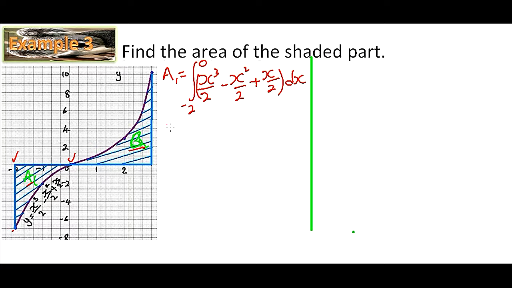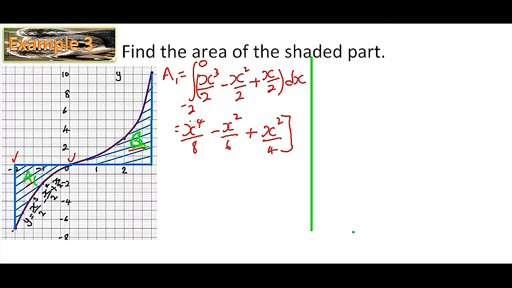So when you integrate that, this is equals to x to power 4 divided by, now when you multiply 2 by 4, you get 8, and then we have minus x cubed, and then 2 times 3, you get 6, plus this will be x squared divided by 2 times 2 will be 4.